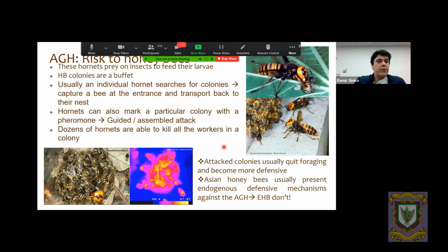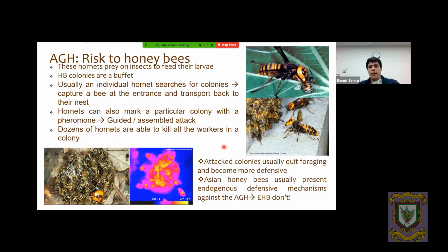When it comes to risk to honeybees, these hornets prey on insects, right? And if we think as a hornet, we would think that a honeybee colony is almost like a banquet for them, right? There's a lot of food together at the same spot, right? Usually the attack happens when a forager, one hornet, finds a colony, and starts capturing bees from the entrance and taking them back to their nest.